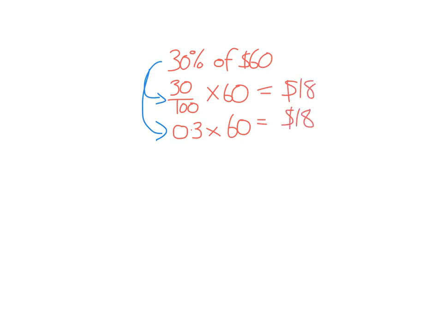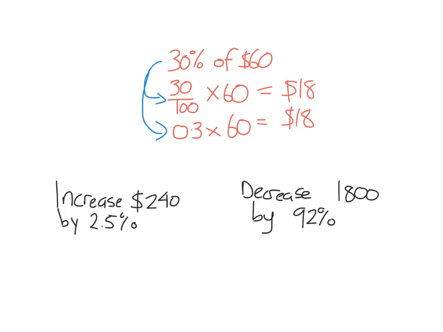How easy is that? It turns out when we're increasing or decreasing by a percent, we're just finding a percent of a quantity. So let's say I wanted to increase 240 by 2.5%. If you're increasing by 2.5%, that's the same as finding 102.5% of 240.